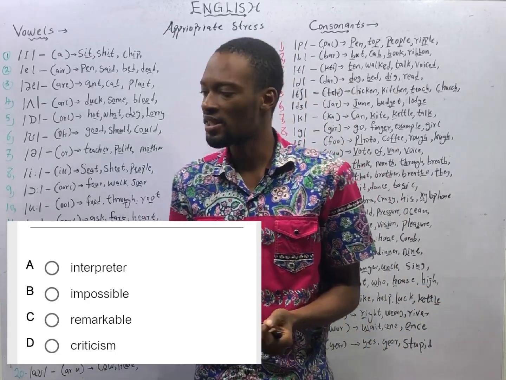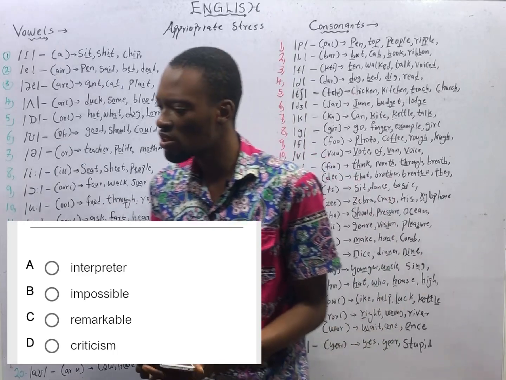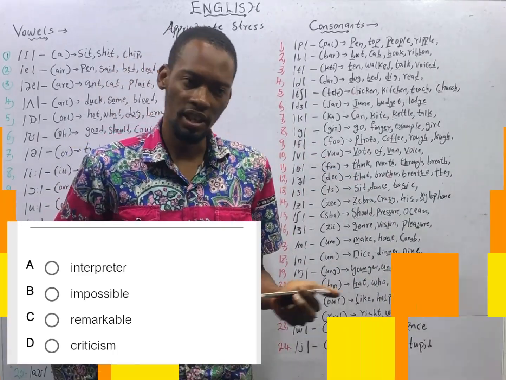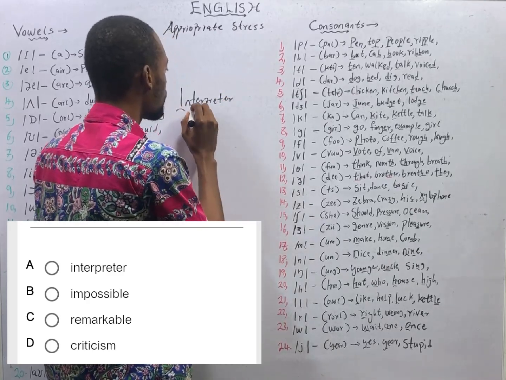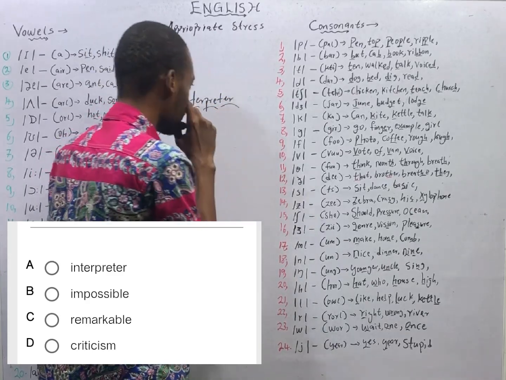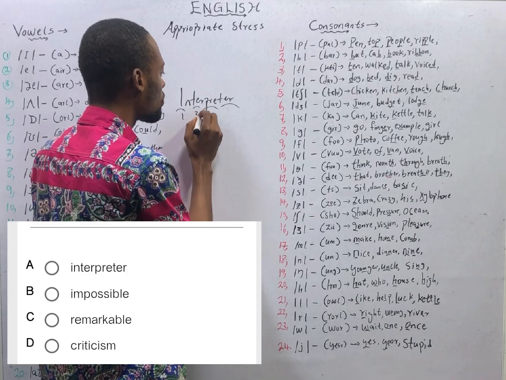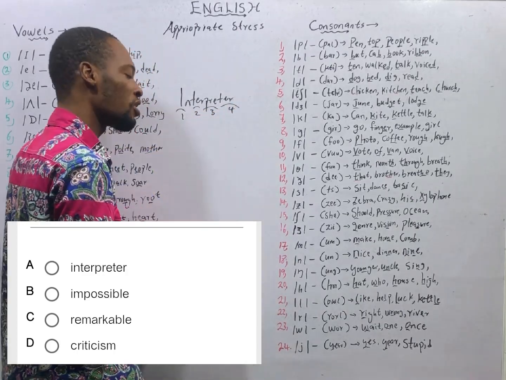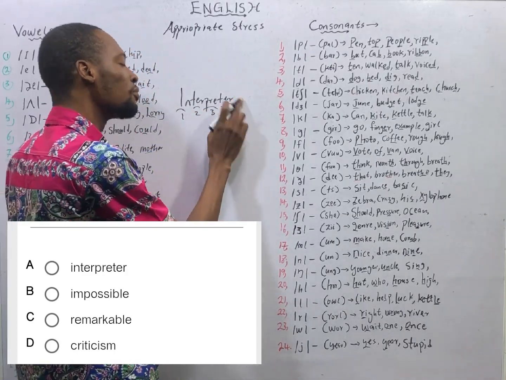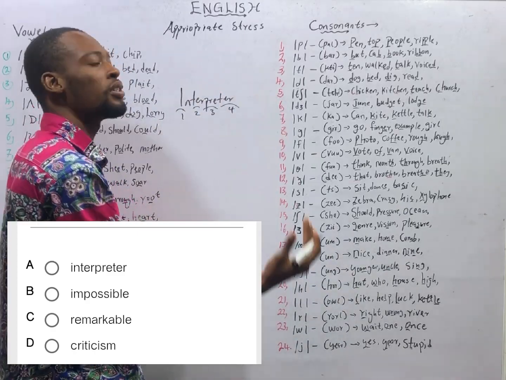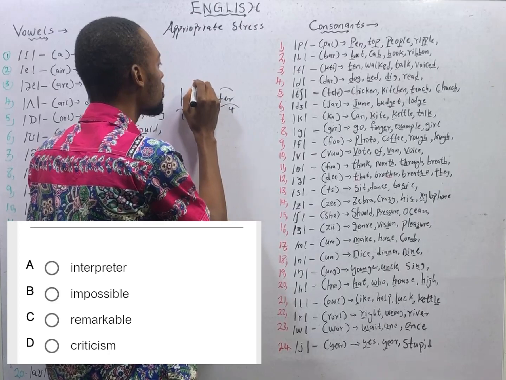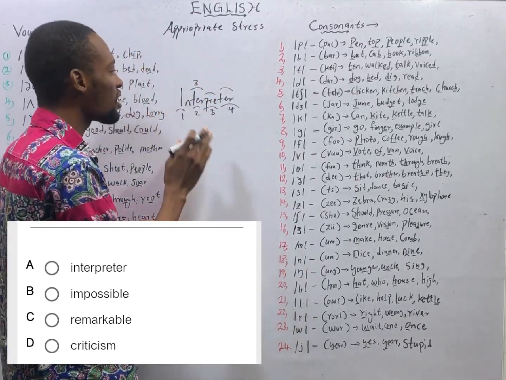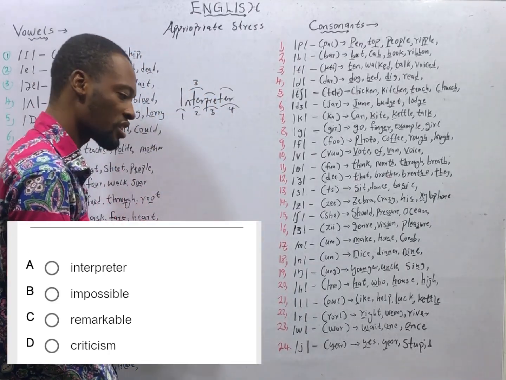Anytime a word ends in er, the stress will be on the third syllable from the end. Interpreter: this is 1, 2, 3, 4. This is a 4-syllable word. Since it ends in er, the stress should be on the third syllable from the end. So from the end, this is 1, 2, 3. This is the third syllable from the end. So "te" will be stressed.